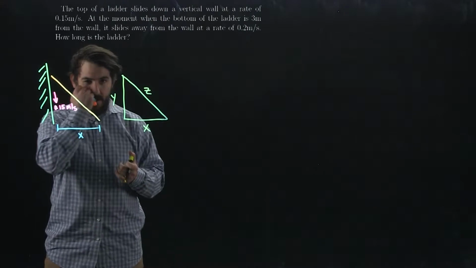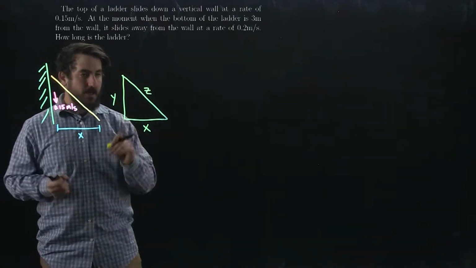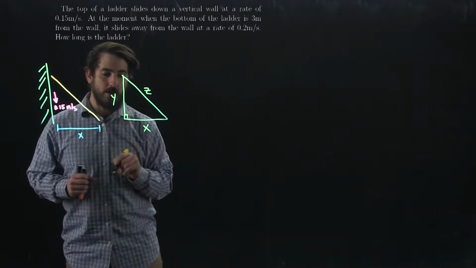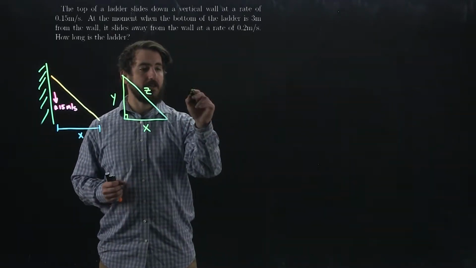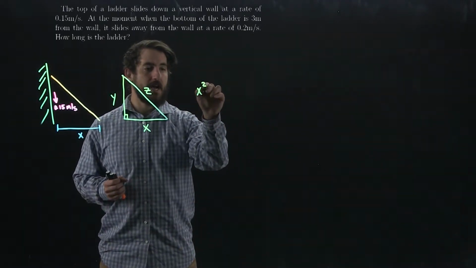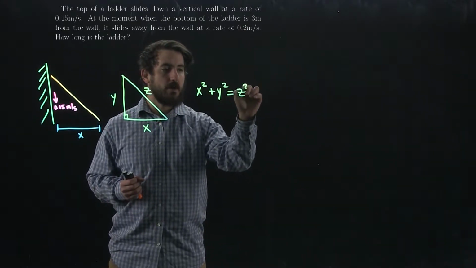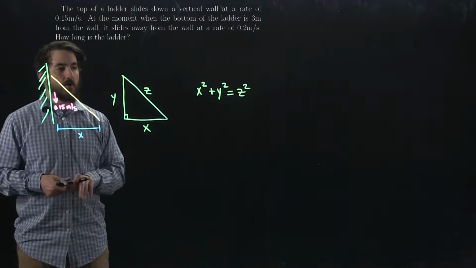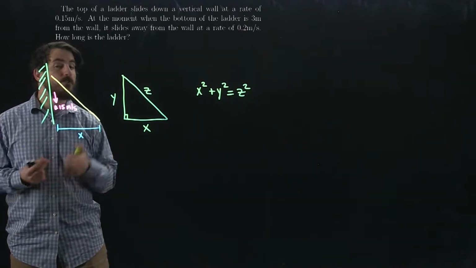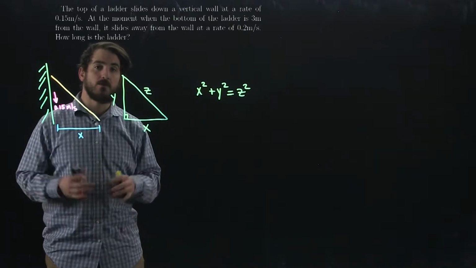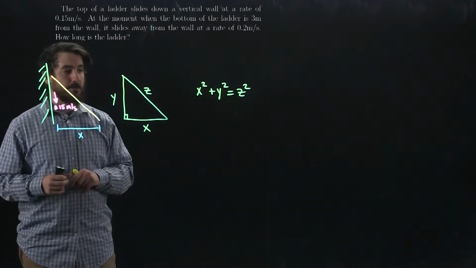I could call it d or abc, but I'll use these variables. Since this is a right triangle, by Pythagorean's theorem, x squared plus y squared equals z squared. And so this is the equation that I will use for this related rate type problem.